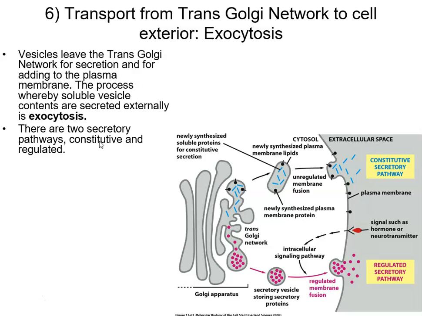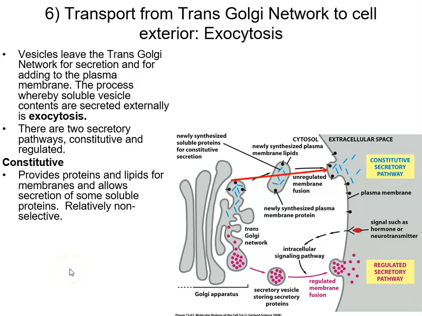And there are two secretory pathways, what we call constitutive and regulated. So constitutive is providing proteins and lipids for the membrane, sort of rebuilding them. You have to remember that for every vesicle that is taken up by endocytosis, that bit of plasma membrane needs to be rebuilt. So a vesicle needs to go to the plasma membrane to rebuild that bit of plasma membrane.